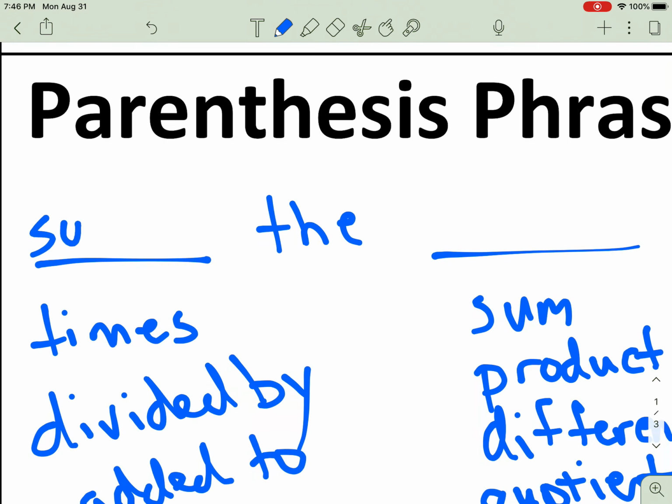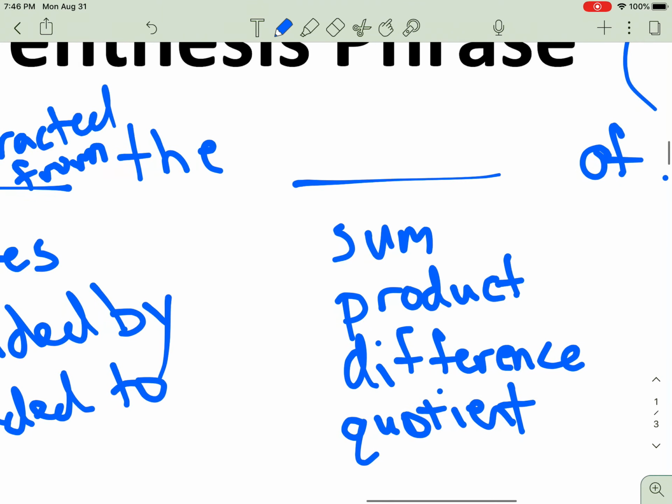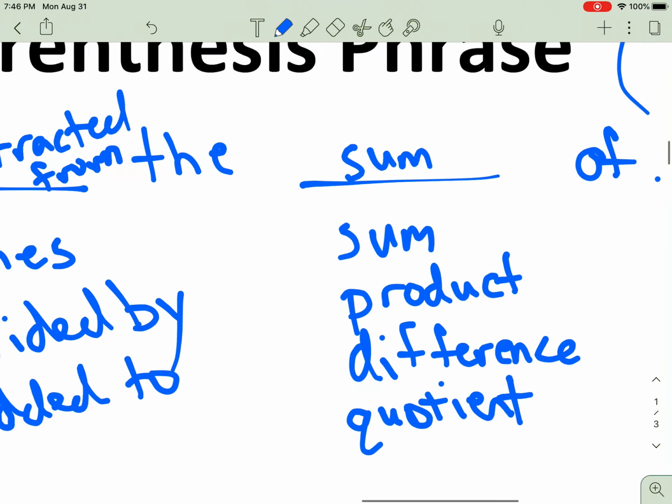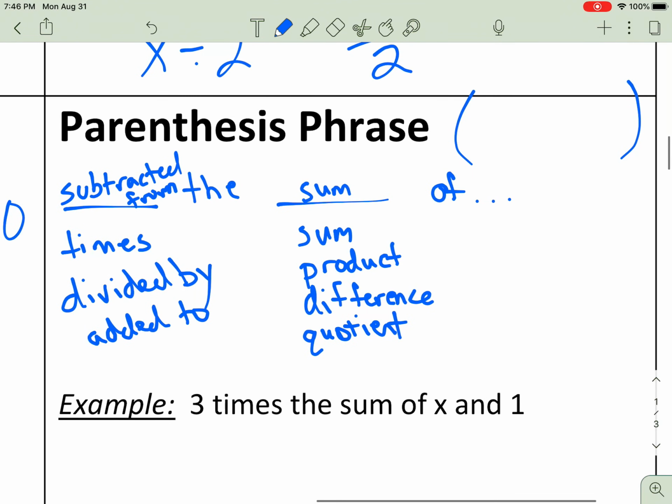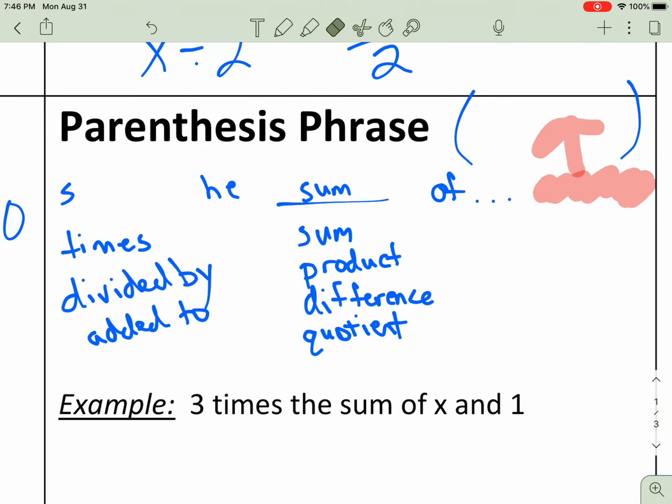It might say subtracted from the sum of blah, blah, blah. Okay, and what that means is whatever comes after the of is what goes in the parentheses. So whatever would be right here is what goes inside the parentheses.